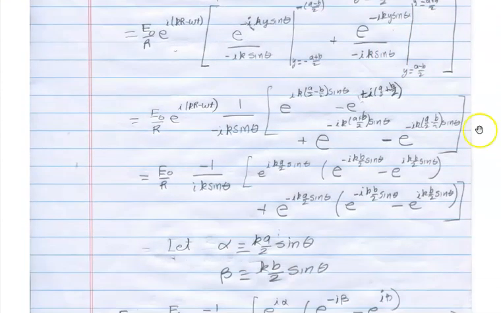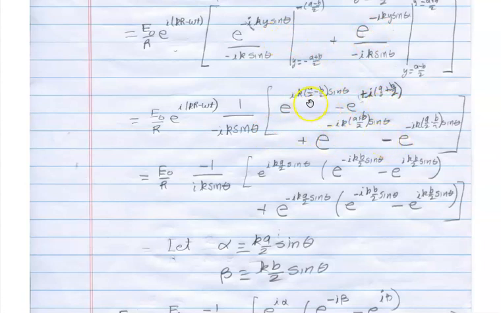And then plugging those in, upper limit I get this, the lower limit I get this one, upper limit up here I get this term, lower limit I get this one. I factored out this minus ik sine theta because it occurred in both of these. And I get these two turn into these four terms.